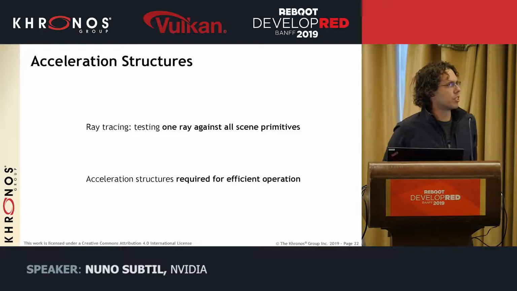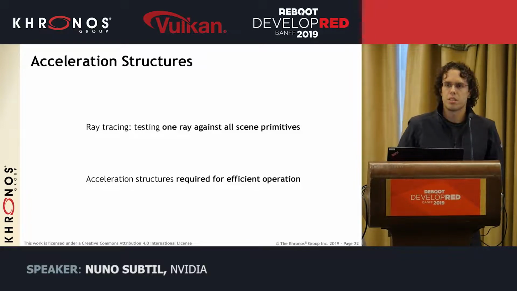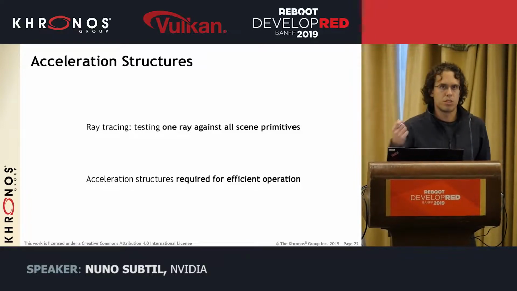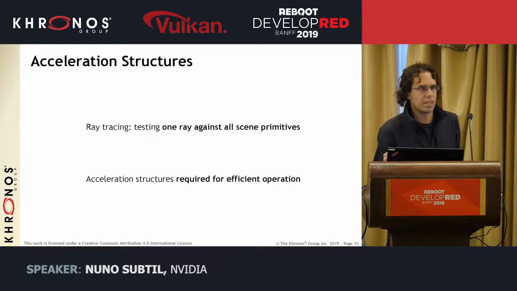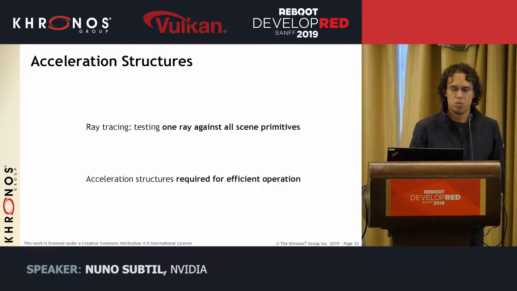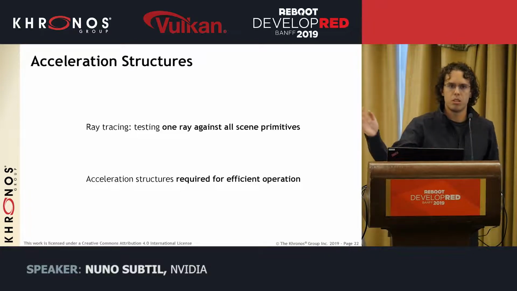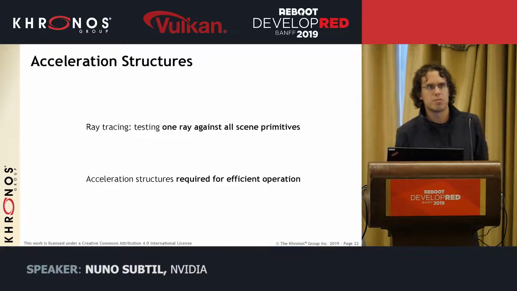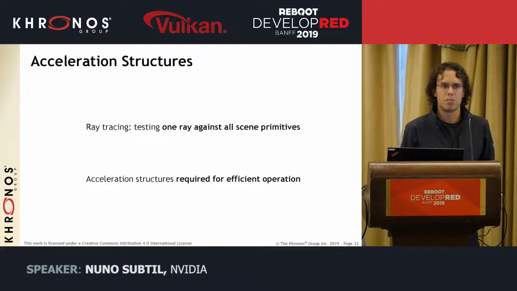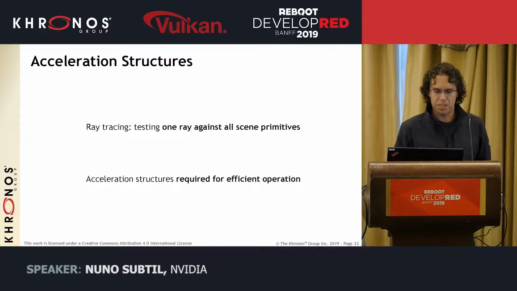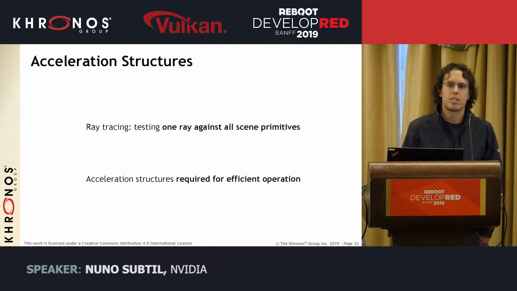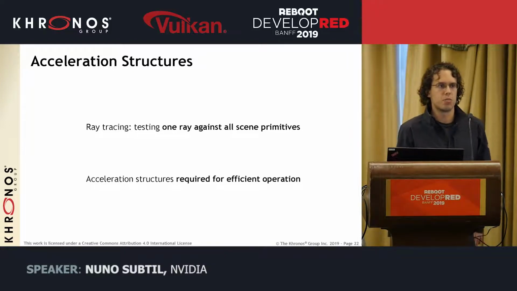So I talked about acceleration structures, and I also mentioned earlier that when you're doing ray tracing, you're evaluating the entire scene. Each ray will be intersected against all the scene primitives. Now you can do this with a for loop that loops over all the triangles. I may or may not have built a ray tracer like this in college, but it is prohibitively expensive. You don't want to do that. There are acceleration structures, data structures, typically bounding volume hierarchies, that allow you to trivially reject large portions of your scene when testing against a ray.